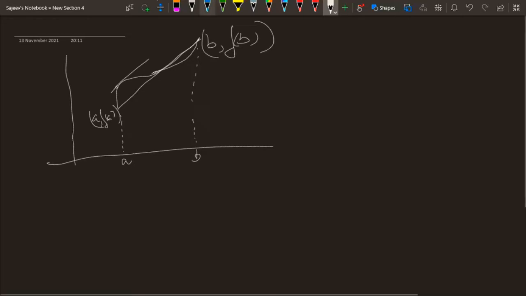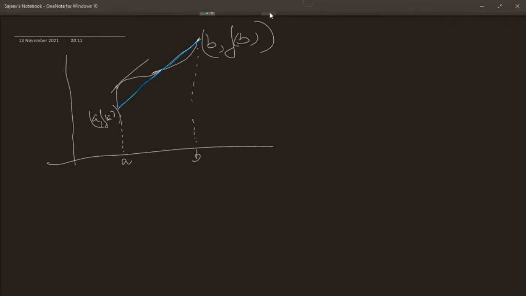So the slope of the blue line is equal to the slope of the red line.